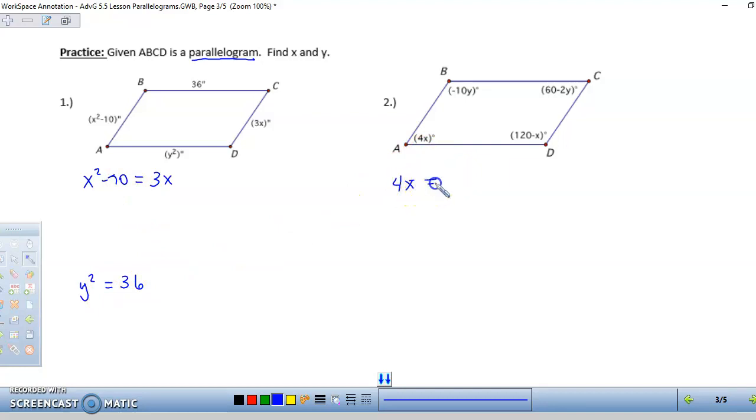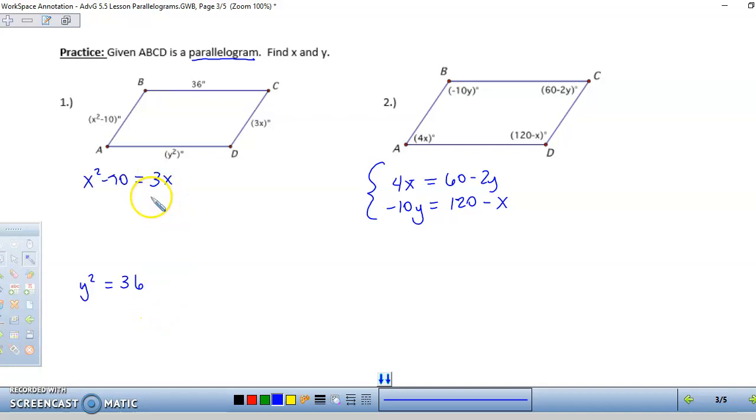But over here, you should have 4x is equal to 60 minus 2y. This is going to have to be a system with an x and a y. And then the other one is negative 10y is equal to 120 minus x. So here is my system of equations. Okay, so again, pause and solve both of these.